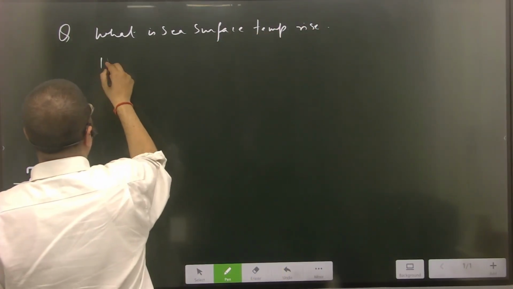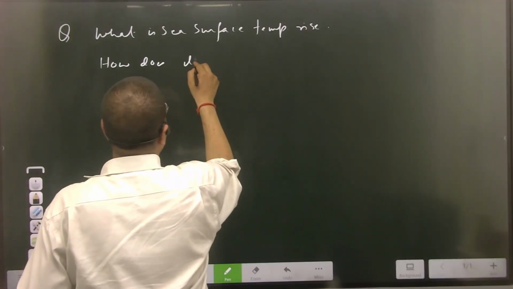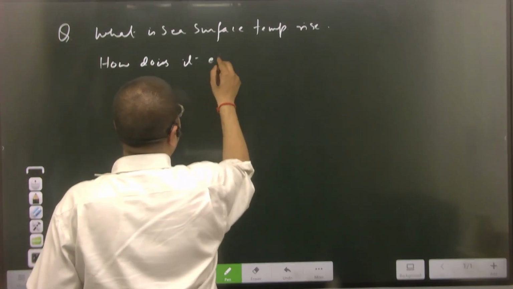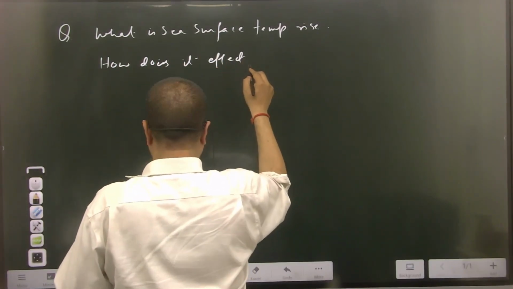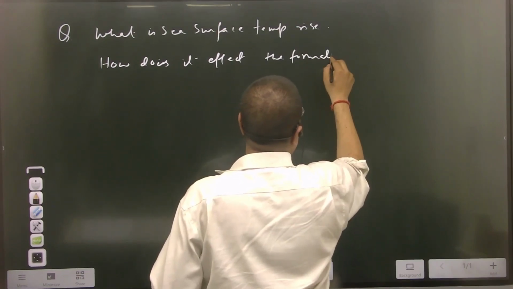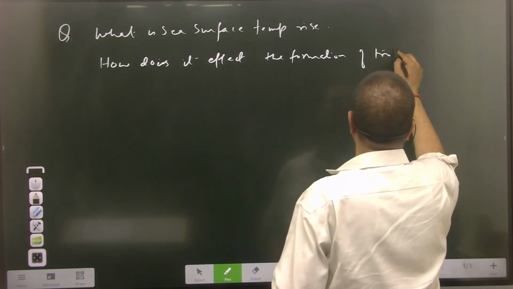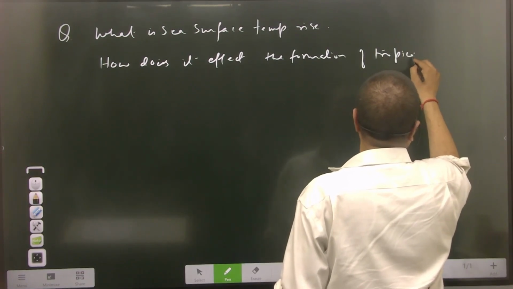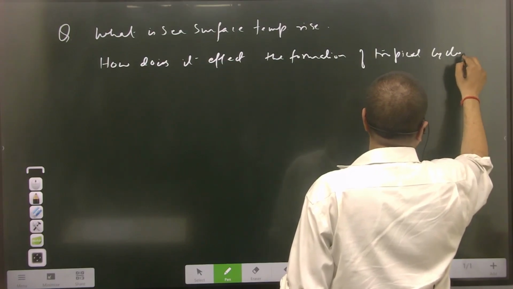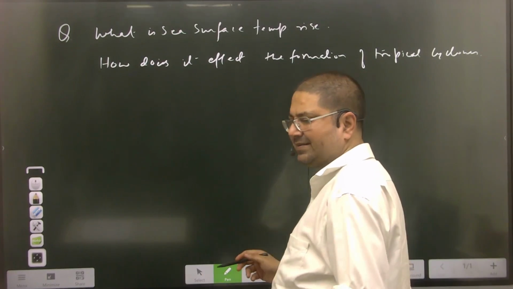Second part was, how does it affect the formation of tropical cyclones? So the first part is, what is sea surface temperature rise?